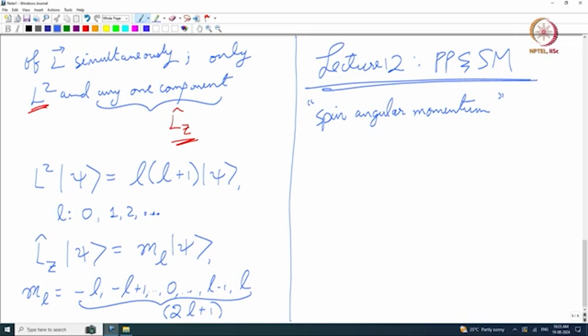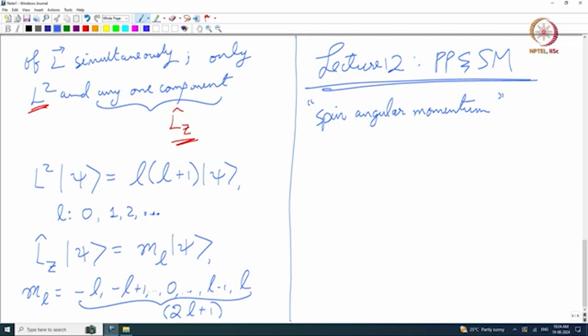At least angular momentum has a classical analog, and then we seem to quantize it. But spin is very much a quantum thing. The reason we call it spin is because this entity behaves like the orbital angular momentum, as far as its eigenvalues are concerned, as far as its commutation relations are concerned, and so on. So it looks like it is another kind of angular momentum.